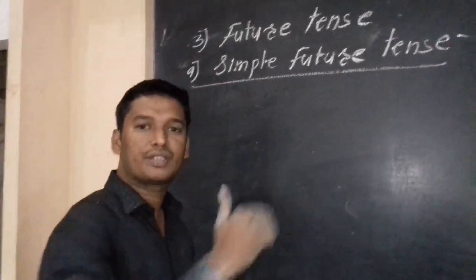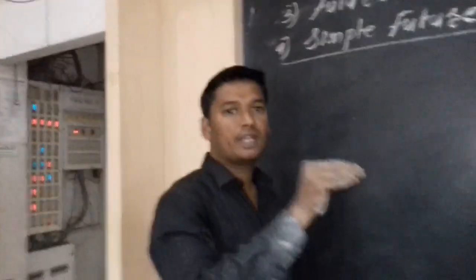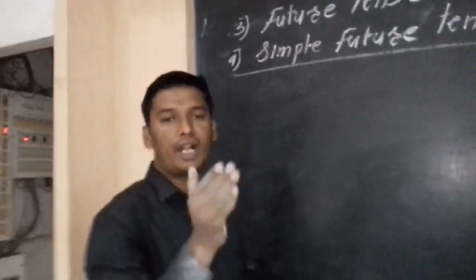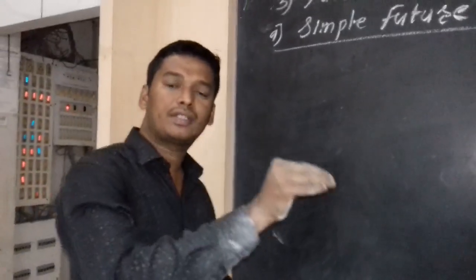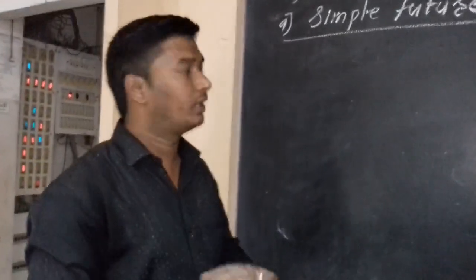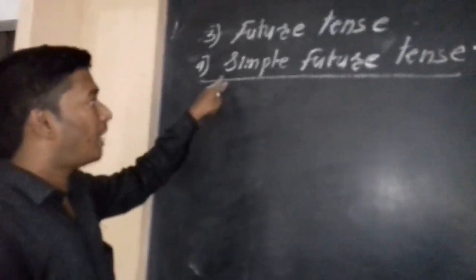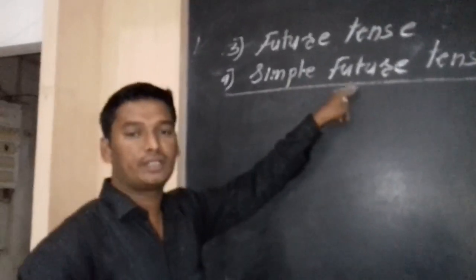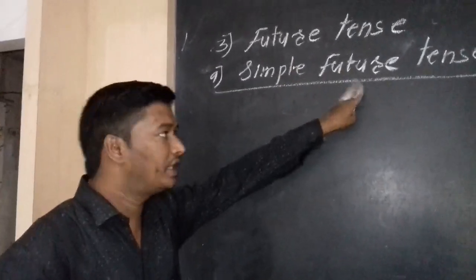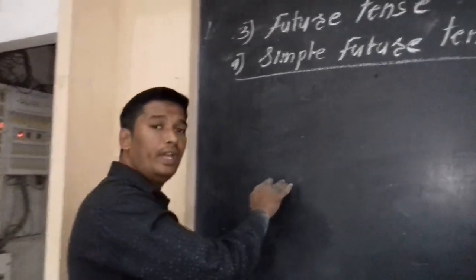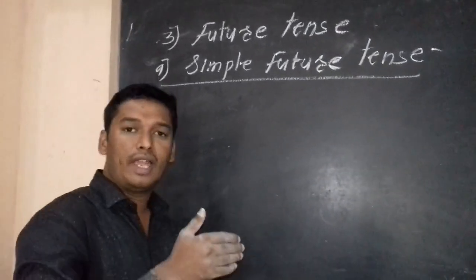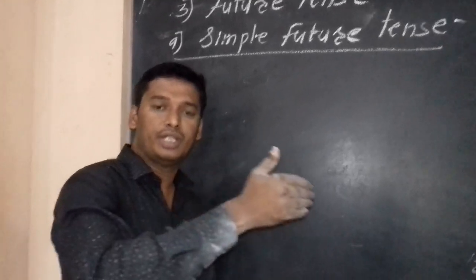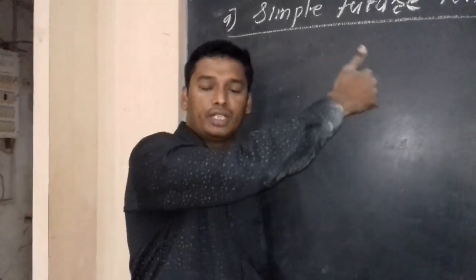Friends, we have just learned past tense and its sub-kinds. Now we are going to learn the third and last kind of tense, that is future tense. First sub-kind, simple future tense. Where do we use this tense? Actions in the future are expressed by future tense.